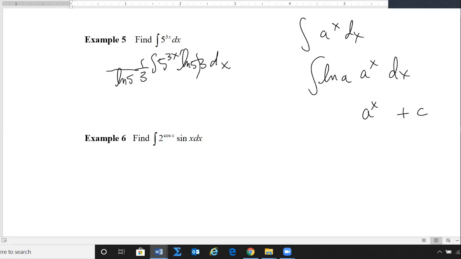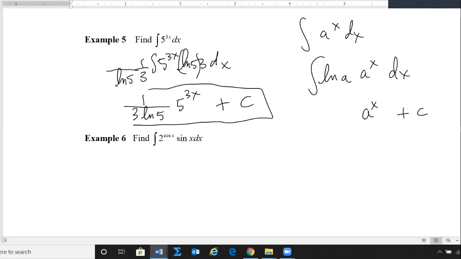So now I have this. And when I finally write my form, I'll just do this. My integral then looks like this, with the 5 to the 3x plus a C. Okay, now, if you want to double check your work, just take this and differentiate it.